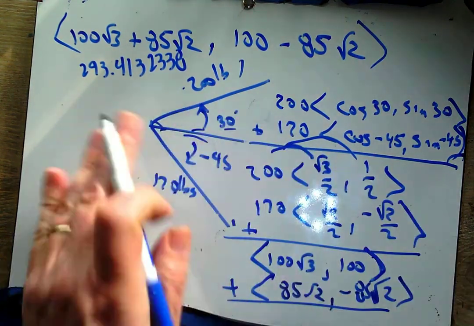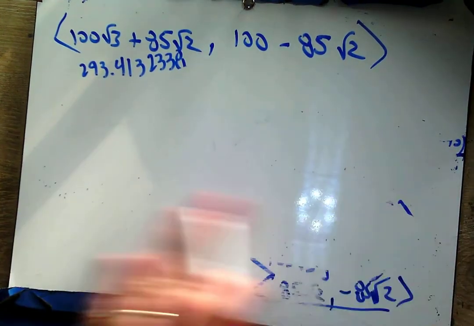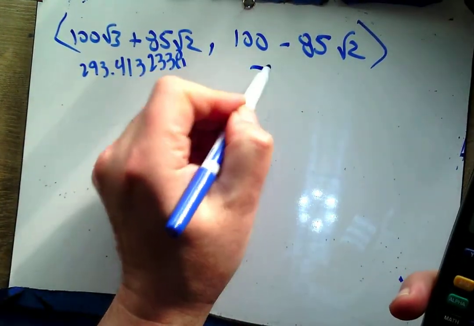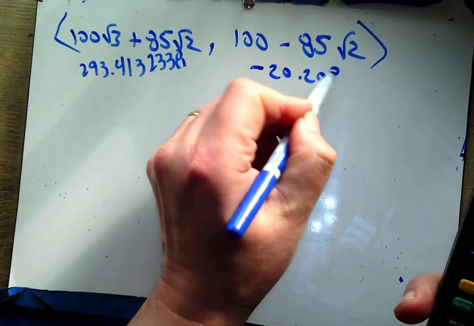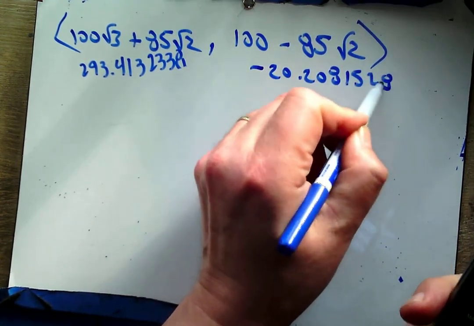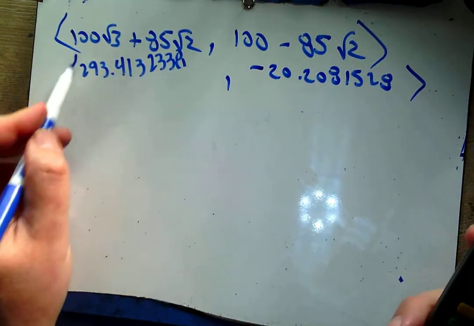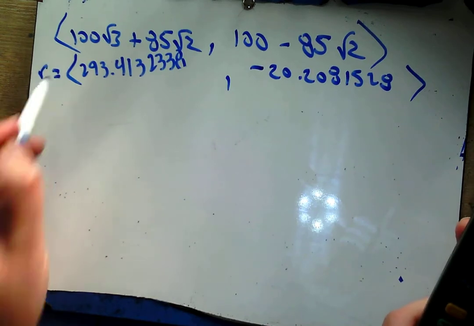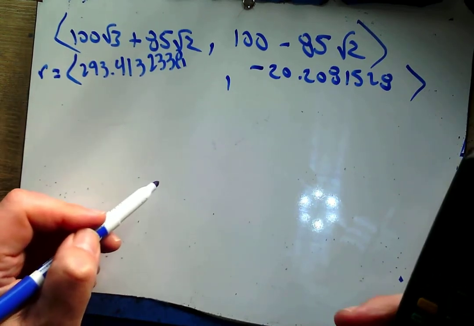And that gives me negative 20.2081528. Fabulous. Okay, so that's the resultant vector in component form.